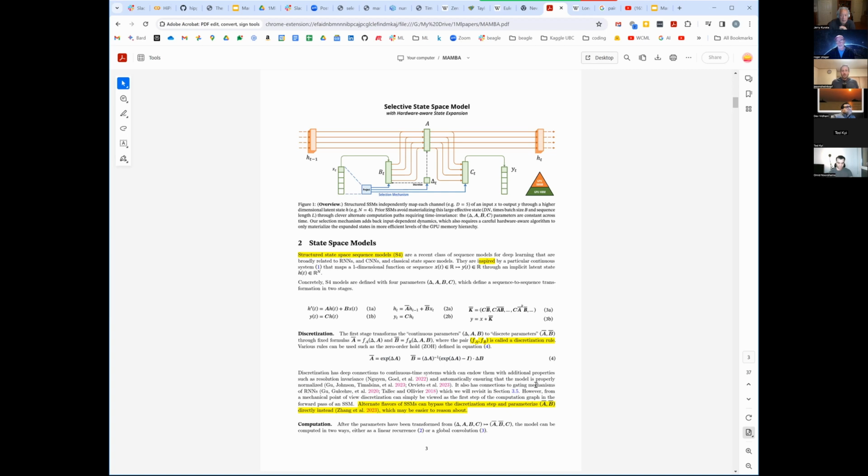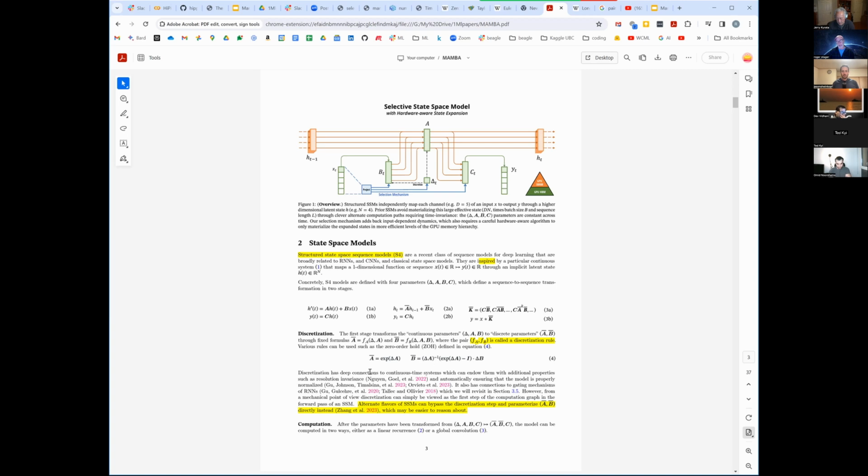Well, it looks like where they talk about discretization, A is only a function of delta and A itself, and B has delta, A and B. So yeah. And again, this is just the way you convert from continuous to discrete. I think if you did just an Euler implementation here, it would probably still work.